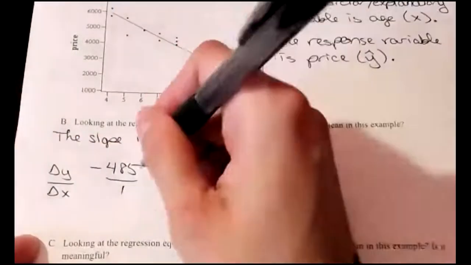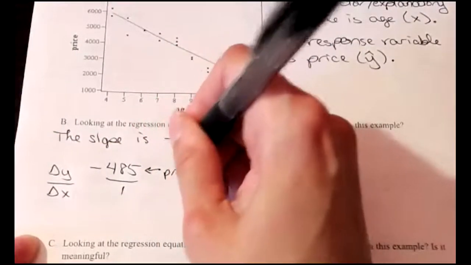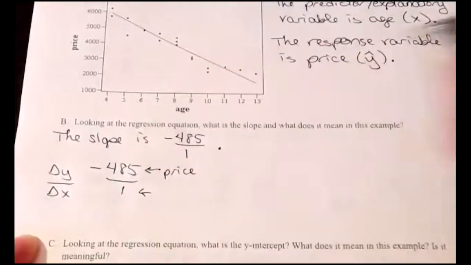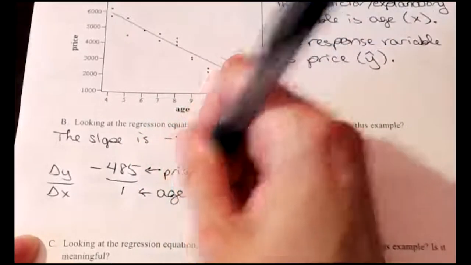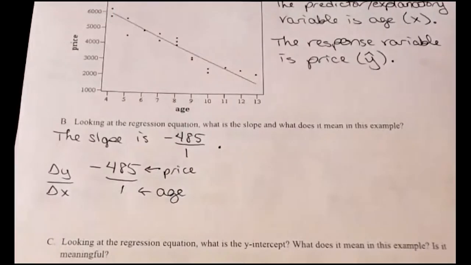The change in y in this case refers to price. The change in x refers to age. I want you to think about this for a moment. Charlie is looking at the graph to determine how much he can expect to receive when he trades in his car.